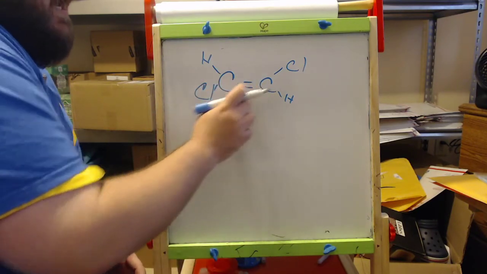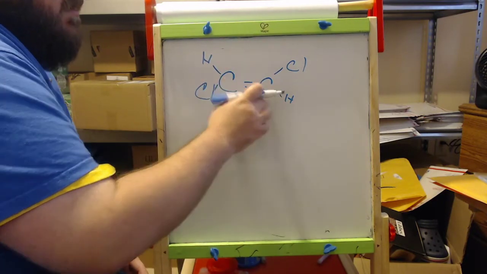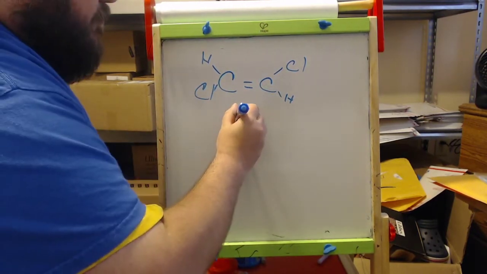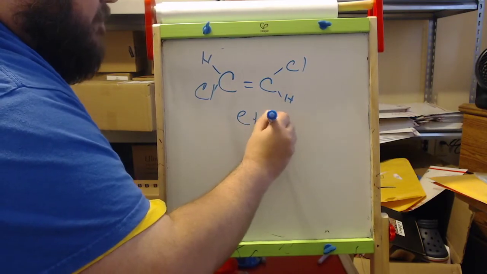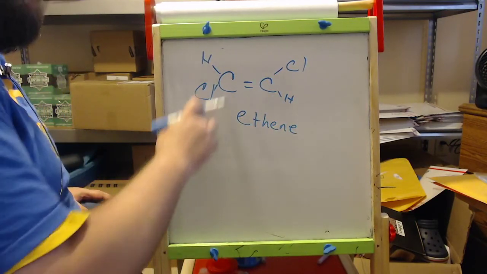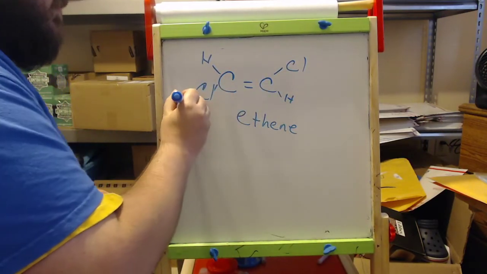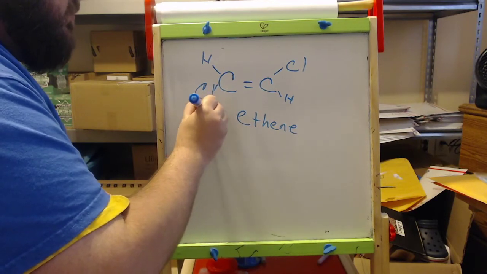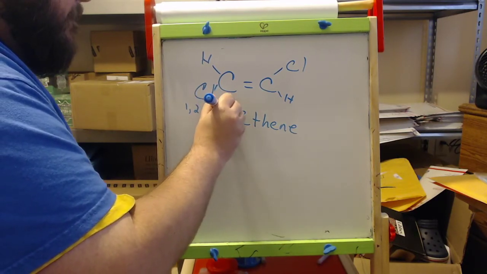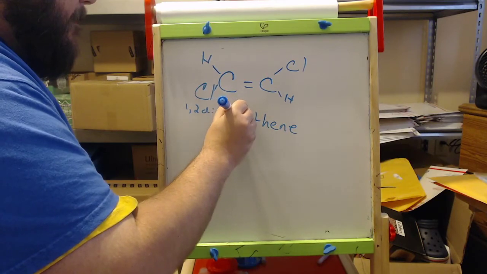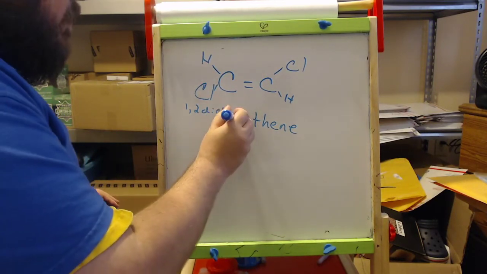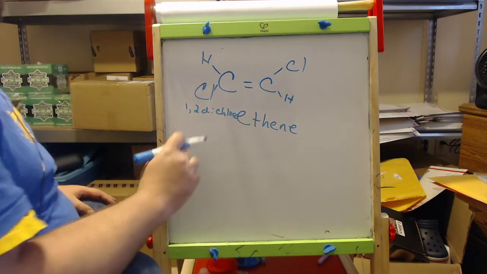So if I were to name this, all right, let's name it. I've got two carbons, so it's definitely ethene. I've got two chlorines, so 1,2-dichloro-ethene.